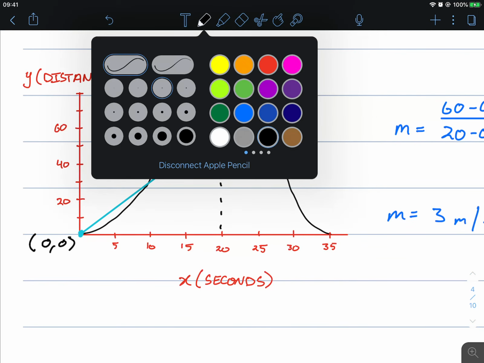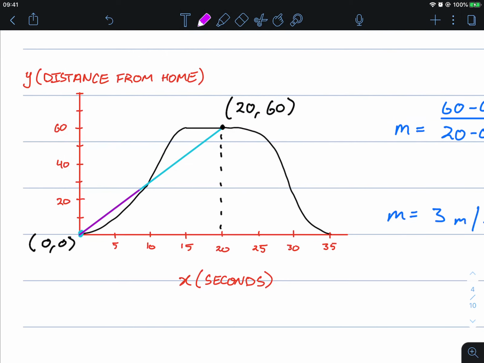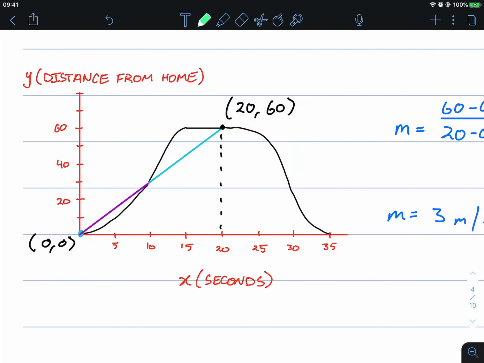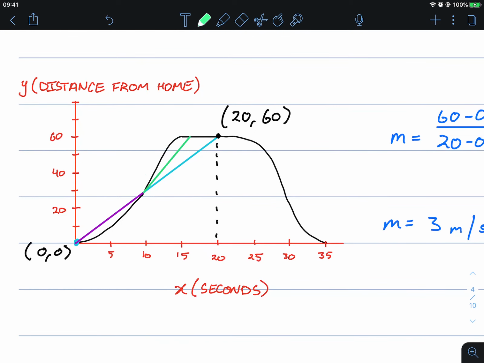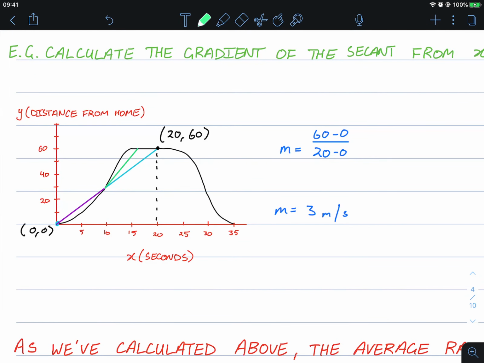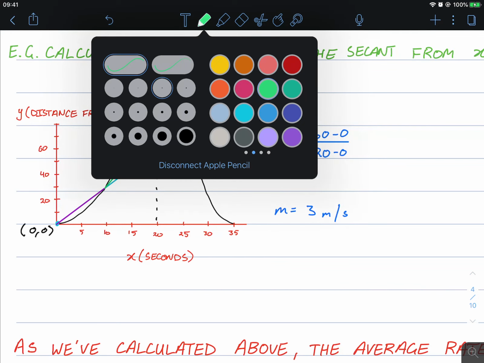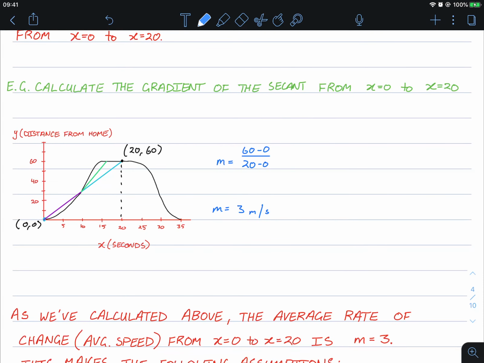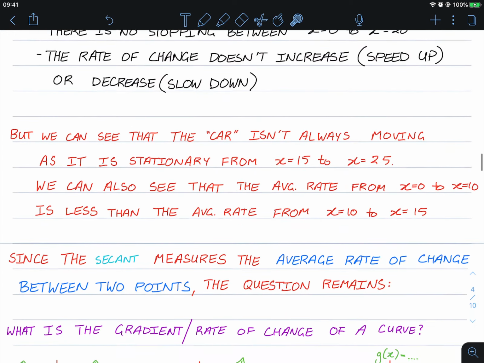Let's take a look at this secant here in purple from 0 to 10, but we compare that to, say, 10 to 15. Notice how this secant is actually steeper. So the car is actually moving faster than 3 meters per second in between 0 and 20. So the secant is just calculating the average rate between 2 points.